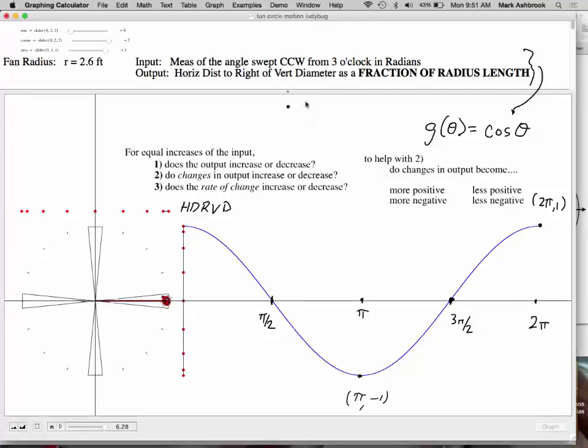And if we wanted the bug's horizontal position in feet, then you're just going to multiply that again by 2.6, taking every fraction of 2.6 that the cosine is. So that'd be feet.